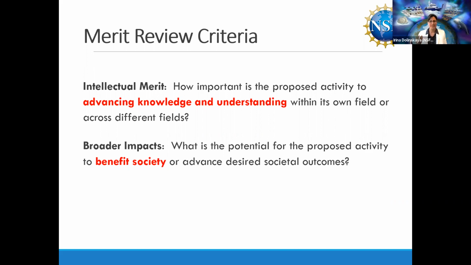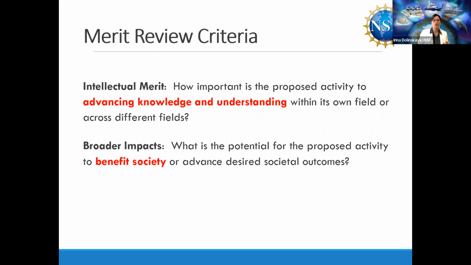Okay, so one of the tips that I would love to share with you is: look at the review criteria, especially the solicitation-specific review criteria. Make sure your 15-page project description or some of the supplementary documents, like the data management plan or the management integration plan, whatever other documents you're pulling in, make it very easy for the reviewer to answer those questions, because we are going to require them to answer those questions.